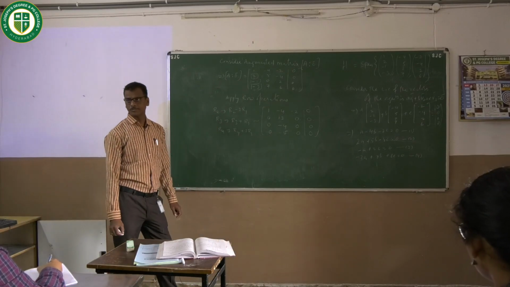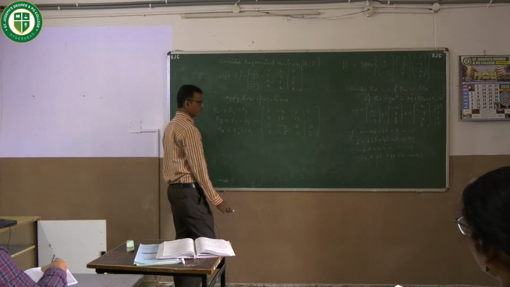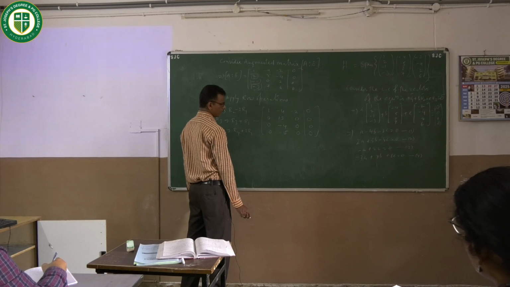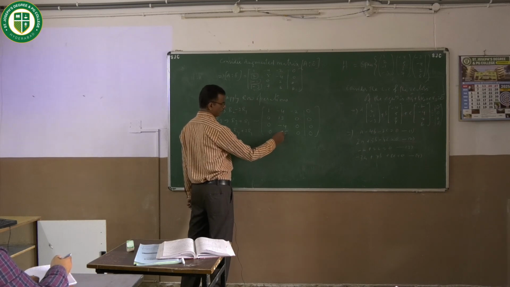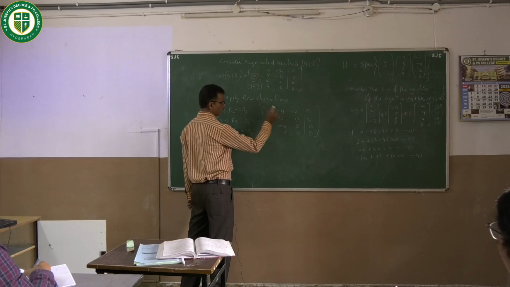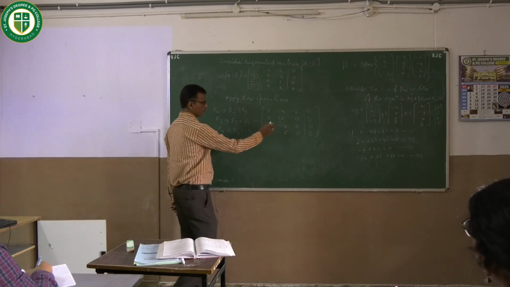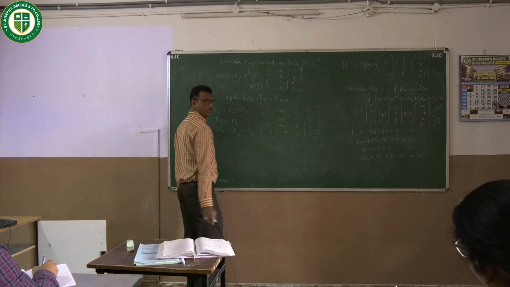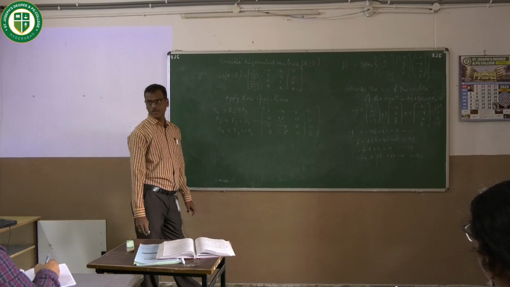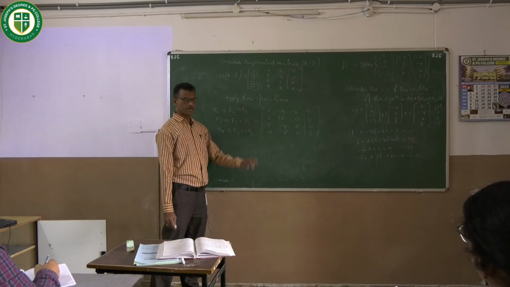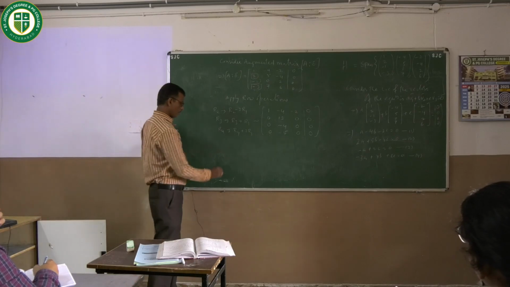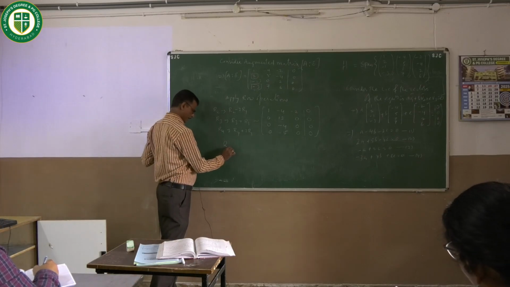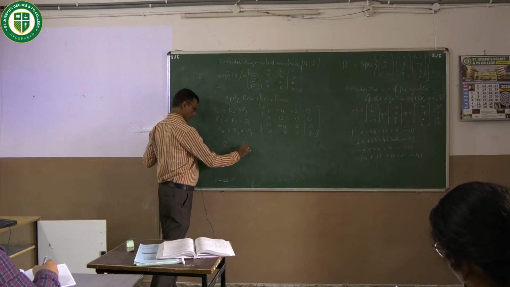Is it clear? So after that you want, see, observe this. This is minus 5, this is minus 4, 13, minus 4. First you want this, bring it to 1. Second row, 13, bring it to 1. You write divided by 13. So now the second operation, I will write R2 by 13.